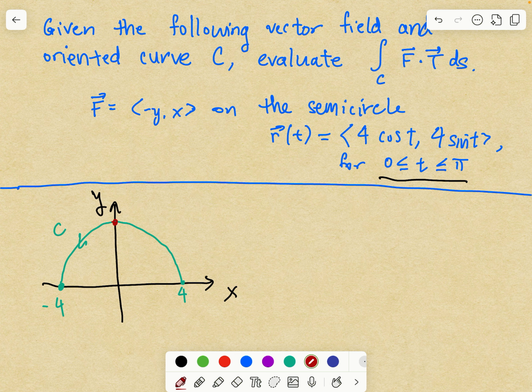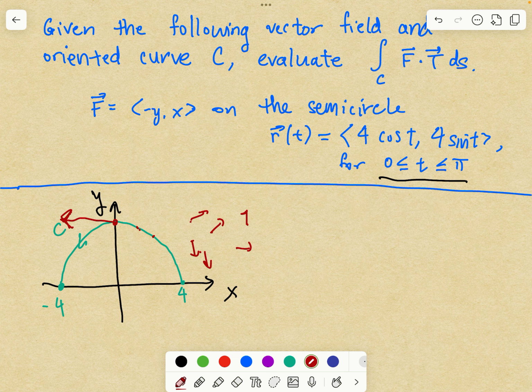So you have something like this. That's your F at 0 comma 4. Actually, at each point in space, you have a different vector. You have all these vectors.